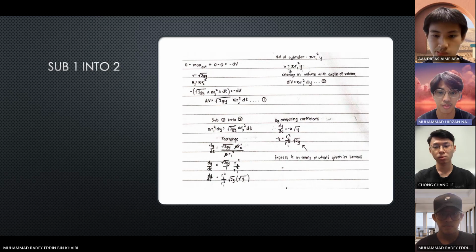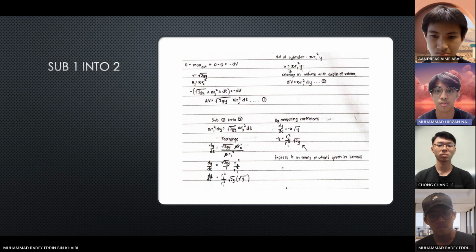We'll rearrange it to have dy/dt equals square root 2gy times pi r2 square over pi r1 square. And we further simplify it to get dy/dt equals r2 square over r1 square times square root 2g times square root y.